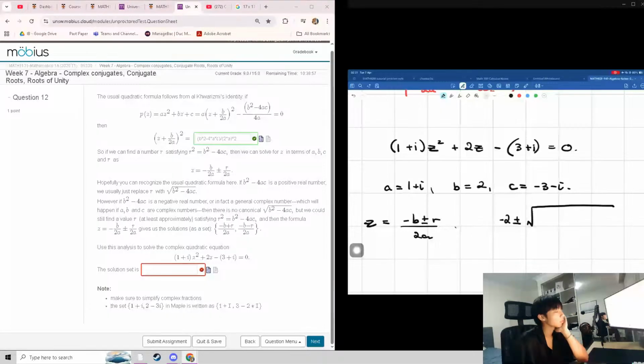Let me just ask them. Hey, so when we're finding the R, right? They've given us the analysis that we can solve Z using Khwarizmi's identity, and that Z is equal to minus B over 2A plus or minus R over 2A.